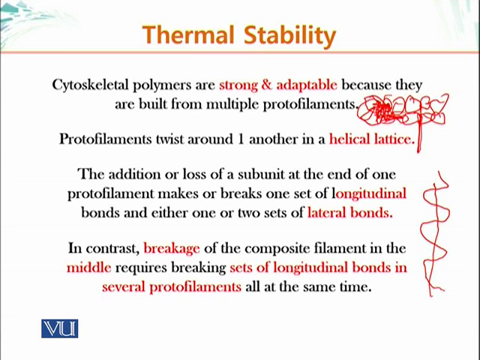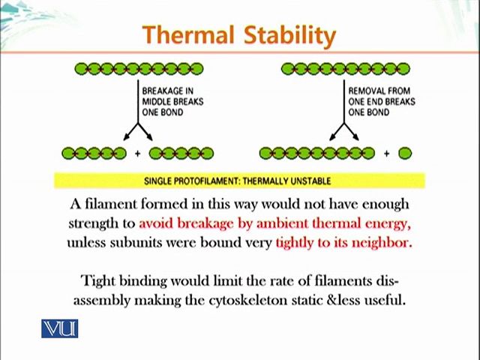So let's look at a more proper diagram in the next slide. Here again we have a string of monomers attached to each other because of these weaker interactions. So you can easily break the string in the middle since you're only dissociating one bond, one attractive force or one type of bonding entity that is holding this structure together.